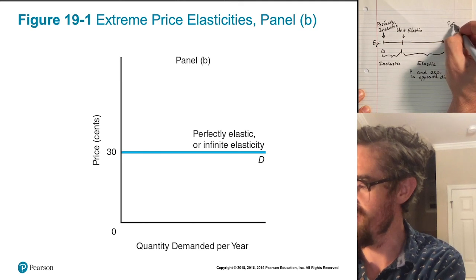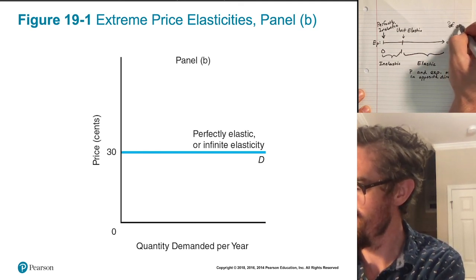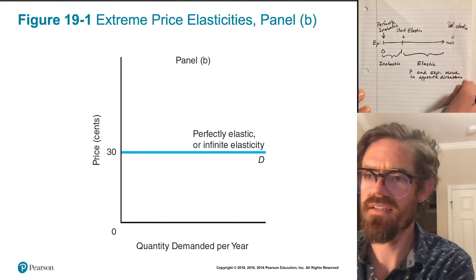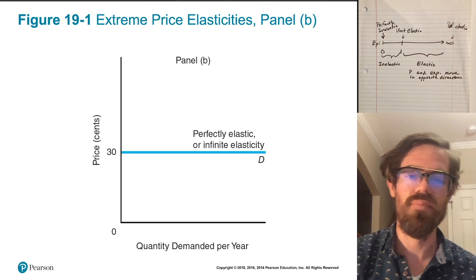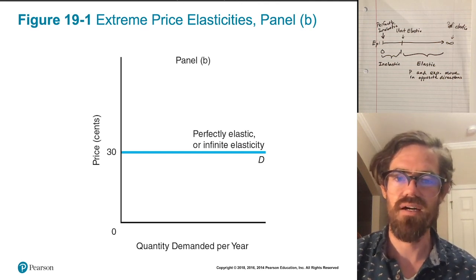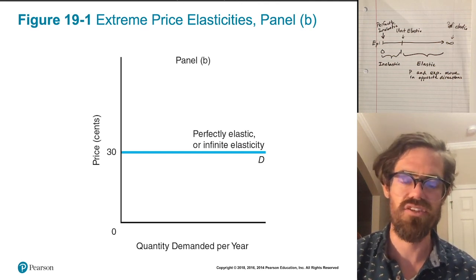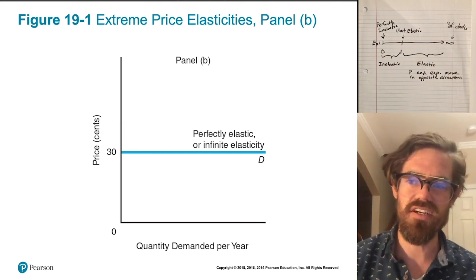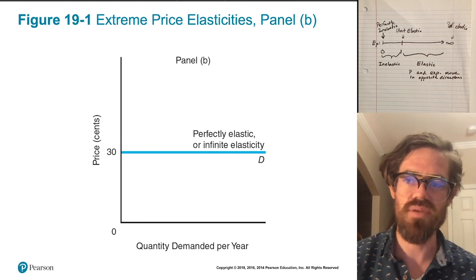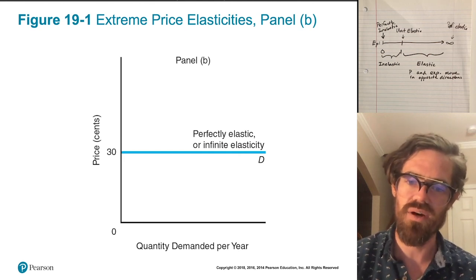So this is perfectly elastic. All right. Hopefully you can read that. And in this case, we've got a demand curve that is horizontal, perfectly flat. So the reason it's infinite is because even a very, very tiny price change basically leads to an infinite change in quantity demanded.